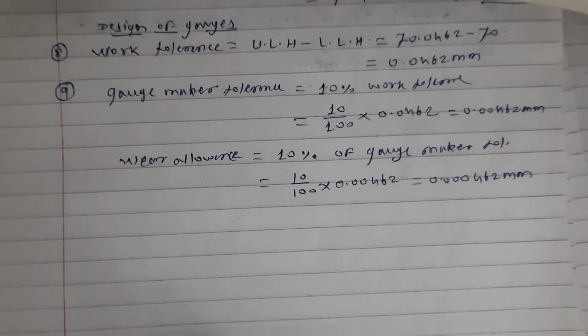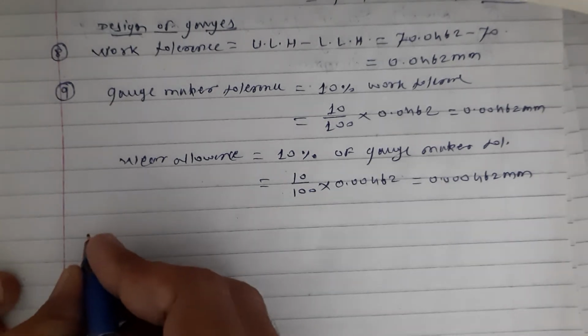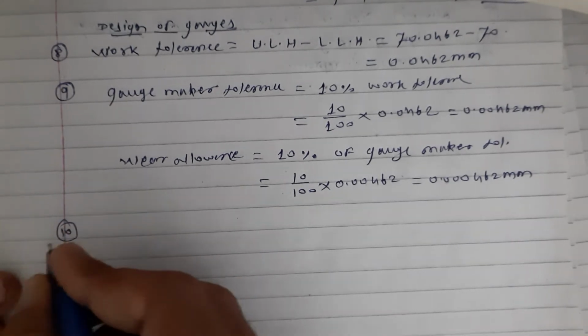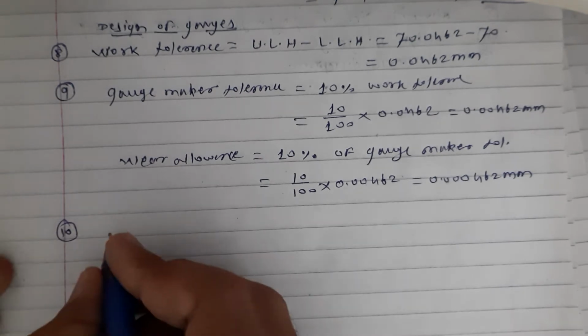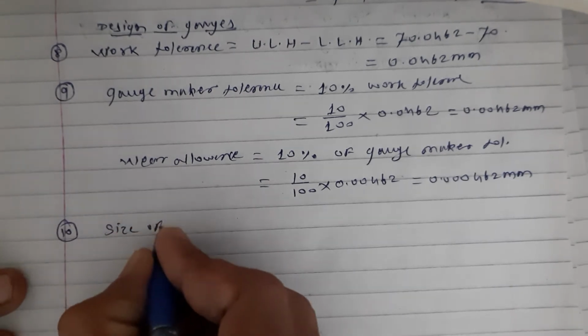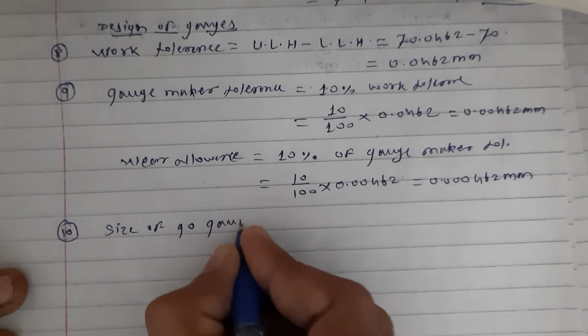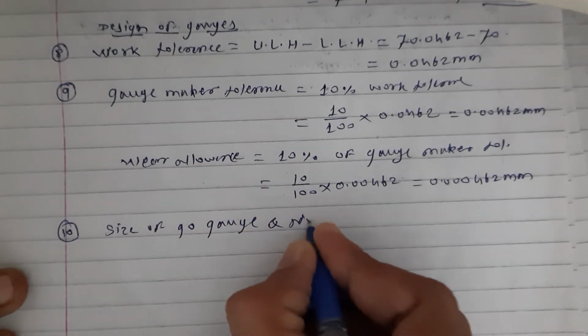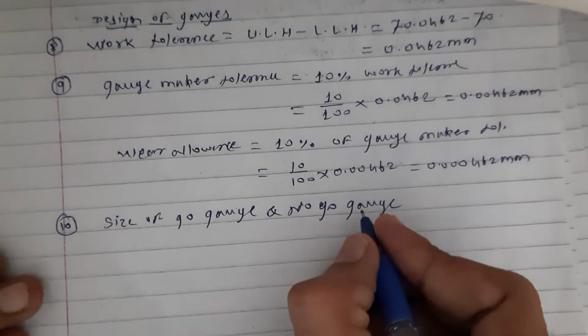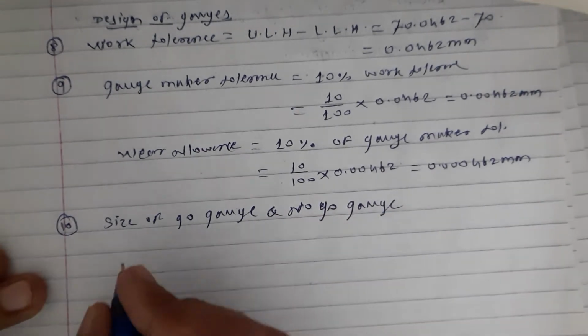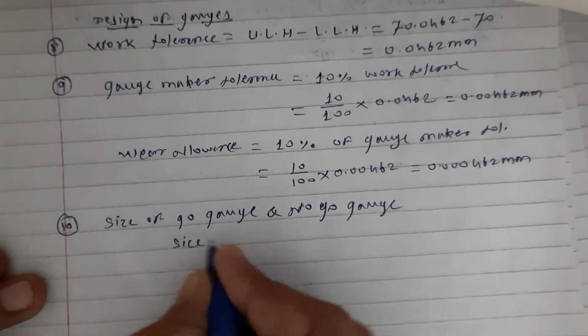Then we want to calculate the size of go gauge and no go gauge. Step number 10: you have to calculate the size of go gauge and no go gauge. How to calculate them?